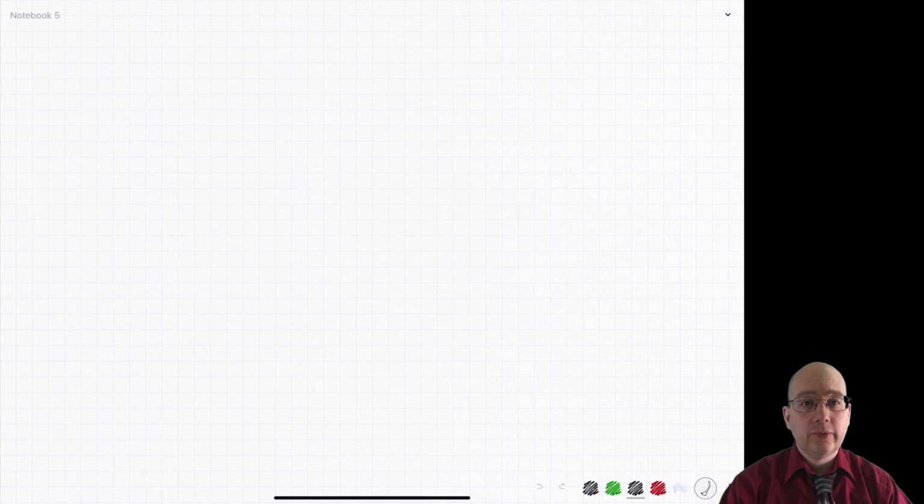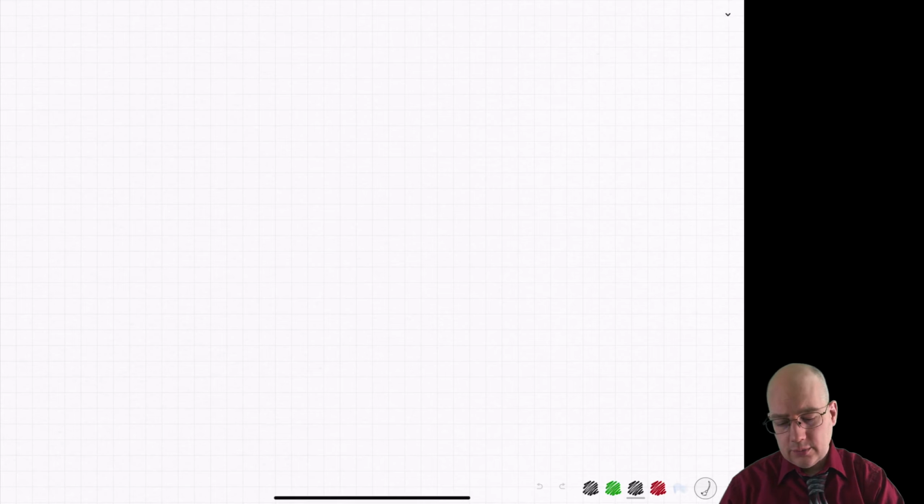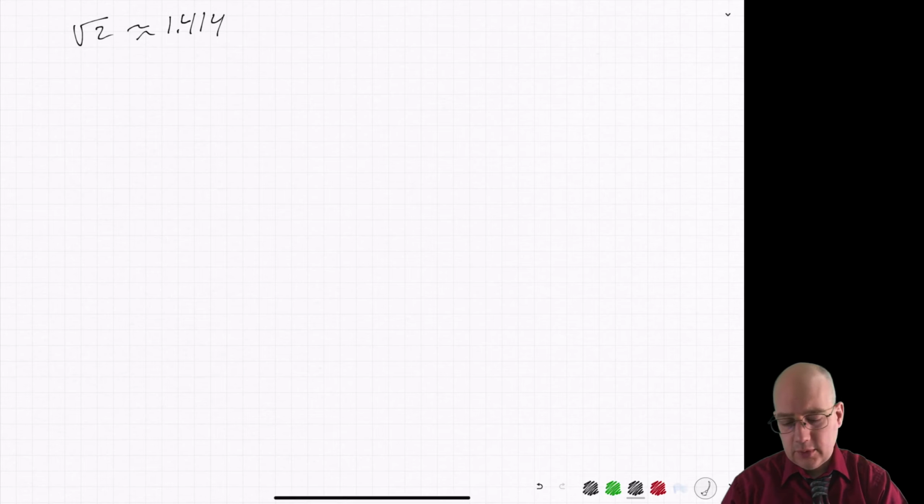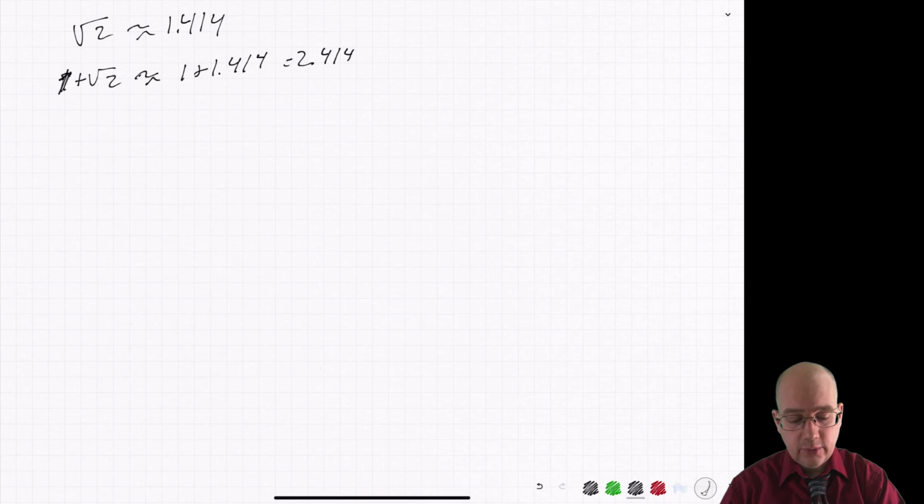I guess before we finish off square roots, I should mention, just to be clear, that the square root of 2 was approximately 1.414, right? So if I wanted to do 1 plus the square root of 2, that's approximately 1 plus 1.414, equal to 2.414.